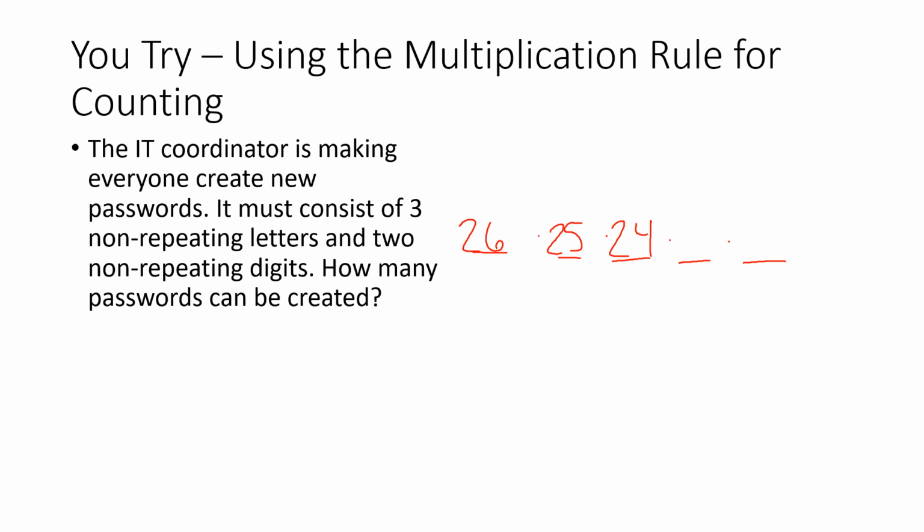When we talk about digits, your password could end in like 1, 2 or 3, 5 or something like that. But when we talk about a singular digit, you only have 10 options for what that digit could be. It'd be the numbers 0 through 9. So you have 10 choices here, and then 9 choices for your second digit. And then we could multiply that together, and that would tell us how many possible passwords we could create.